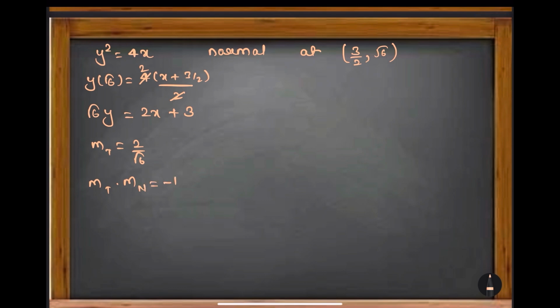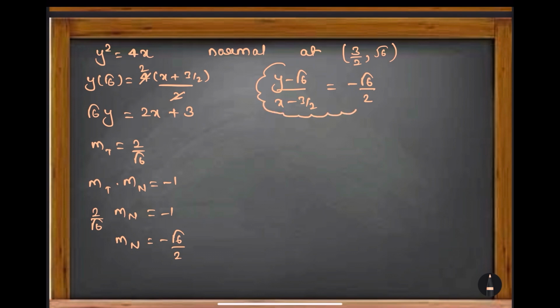So the slope of the normal will become minus root 6 by 2. Correct? So the equation of the normal will look like y minus root 6 equals minus root 6 by 2 times (x minus 3 by 2). So this is your equation of normal, correct?